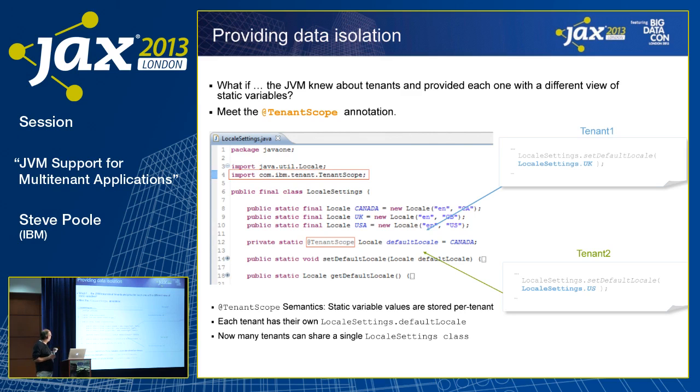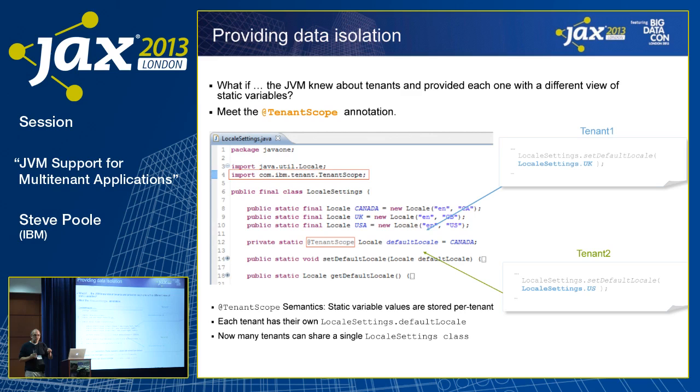So what actually happens here is we add a new annotation. From a Java point of view, what we're now saying to the VM is that when you load up this class, make space available to have multiple versions, multiple variants of the default locale field.